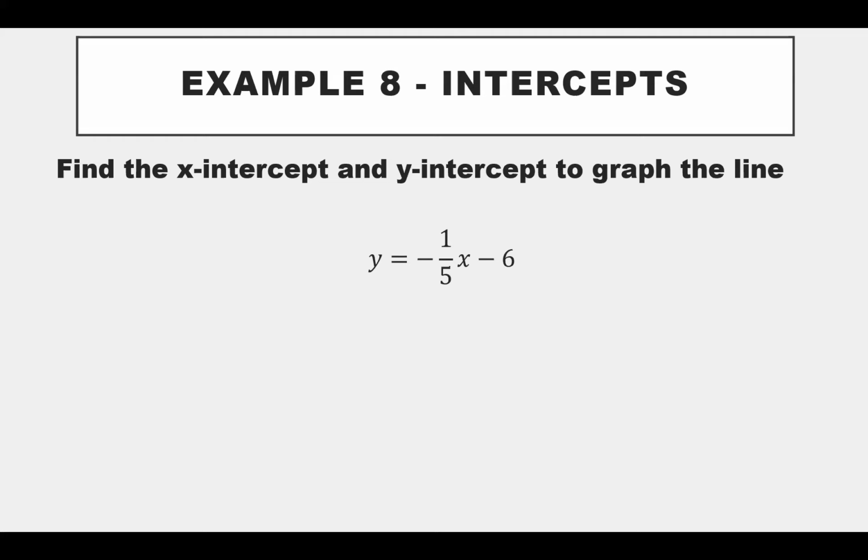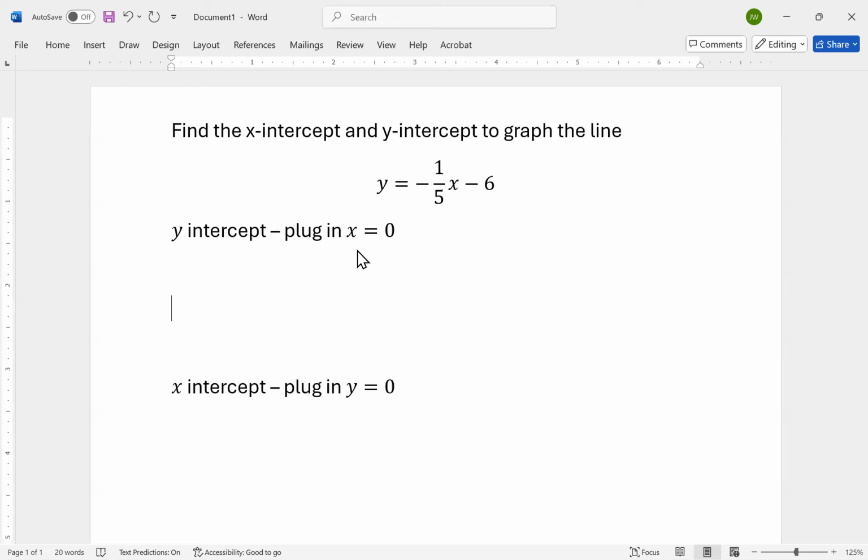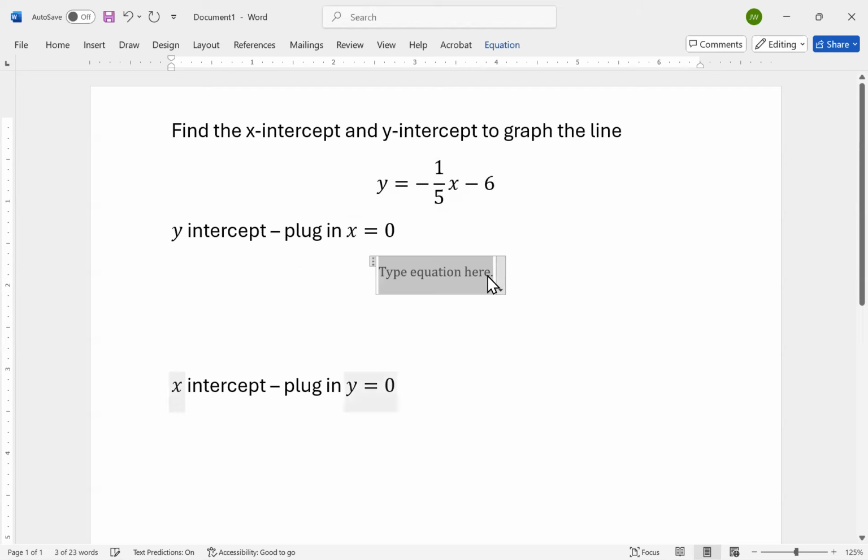Here we have example 8. We're trying to find the x-intercept and the y-intercept, and we'll use those 2 points to graph the line. Here's our line, y is equal to -1/5 x minus 6. I'm going to start by finding the y-intercept. Well, in this case, we plug in x equals 0.